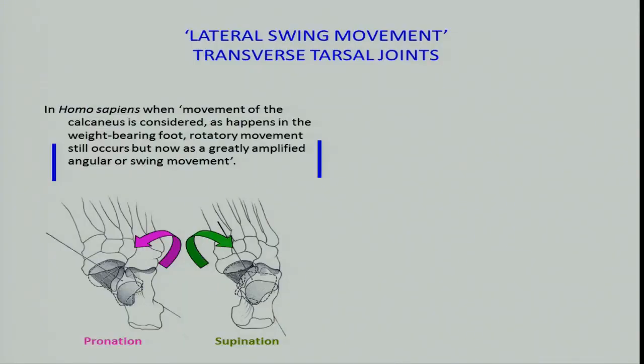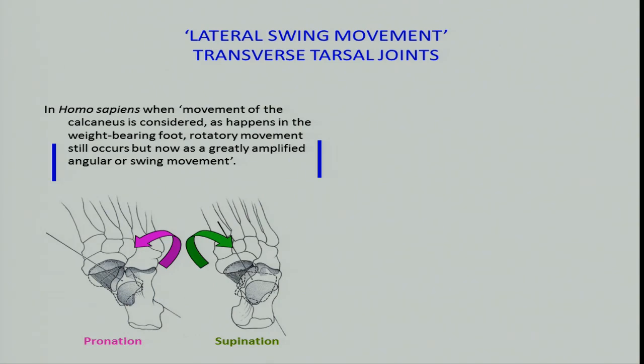In Homo sapiens, as I've mentioned before, movement of the calcaneus is considered, as Lewis mentioned, as happens in the weight-bearing foot. Rotatory movement still occurs, but now as a greatly amplified angular or swing movement.